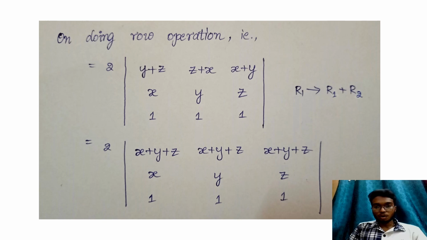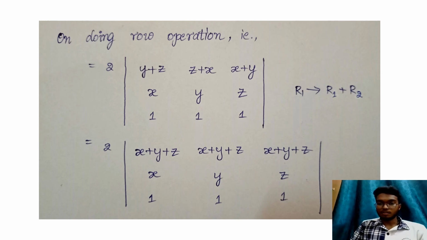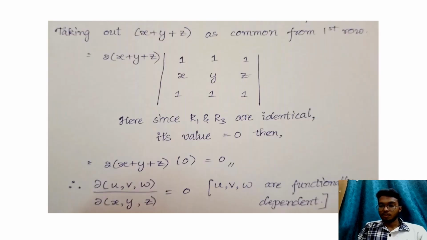Next, we do row operations in order to simplify the problem and get the desired answer. So here R1 equals R1 plus R2. The first row is added with the second row. So now we get 2 times the determinant of x plus y plus z, x plus y plus z, x plus y plus z; x, y, z; 1, 1, 1.